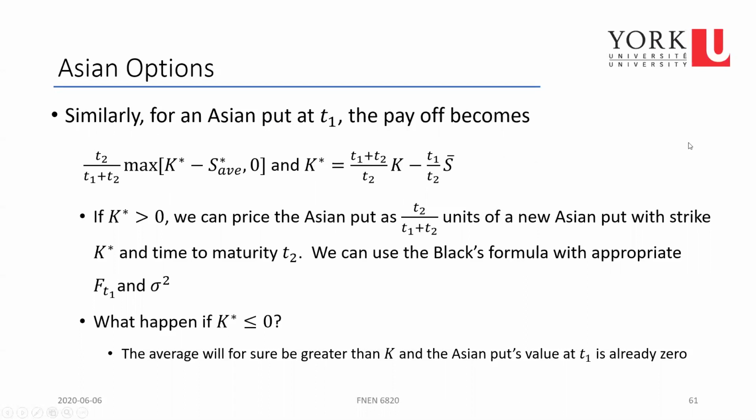You'll use Black's formula as well, but use Black's formula for a put. So it's very similar to what we do for the Asian call, but in this case we just apply it to the Asian put.